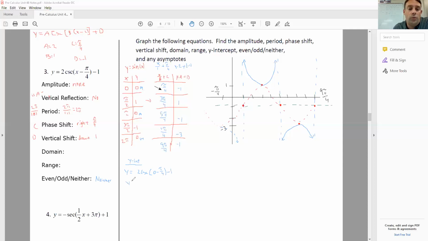So we have y equals 2 times the cosecant of negative pi over 4 minus 1. Now, negative pi over 4 is the same thing as 7 pi over 4. So cosecant of 7 pi over 4 is negative root 2 minus 1. So that means y is negative 2 root 2 minus 1. Now, that's not a very pretty y-intercept, but that is the hand we were dealt here.